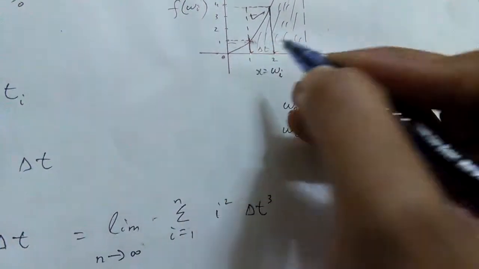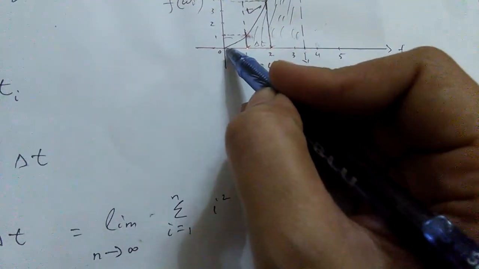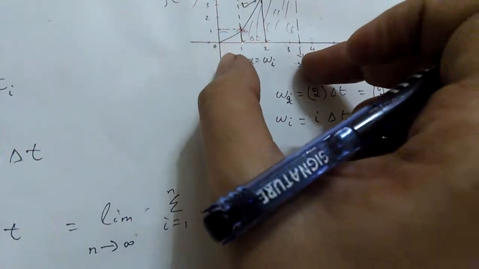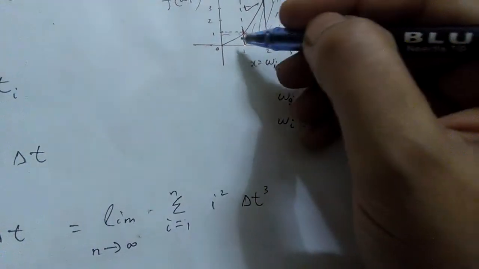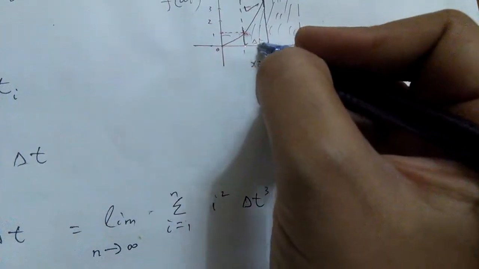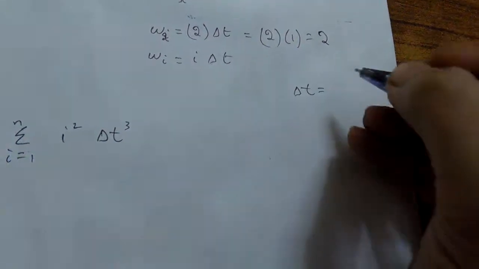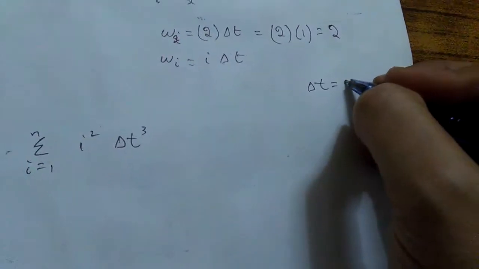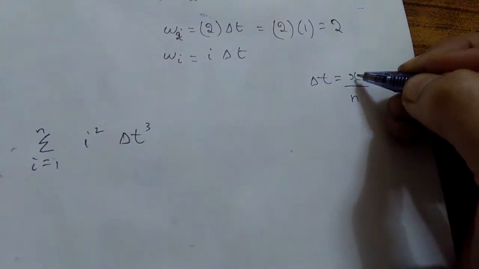You see the entire length of the t-axis which is involved in this area region is starting from 0 to x, so it is entirely x. Okay, so if you divide this length by n number of rectangles, you are going to get the width of the rectangle, right? So the width of the rectangle can be determined by dividing this length by the total number of rectangles, so the individual length can be determined in this way. So in place of your del t, how about if you just write x upon n, so it makes sense.